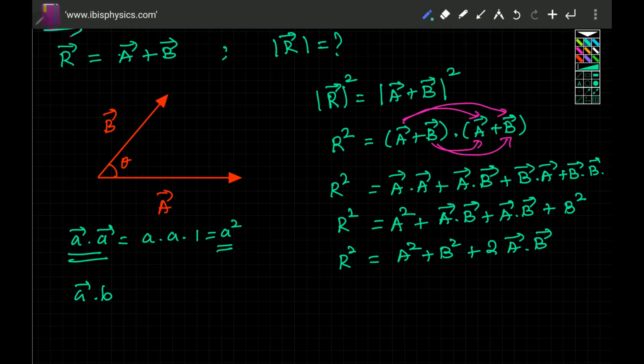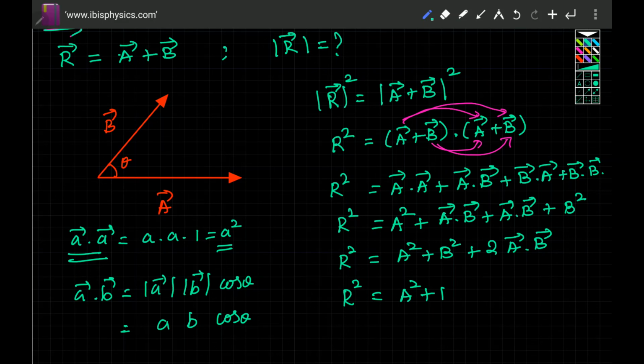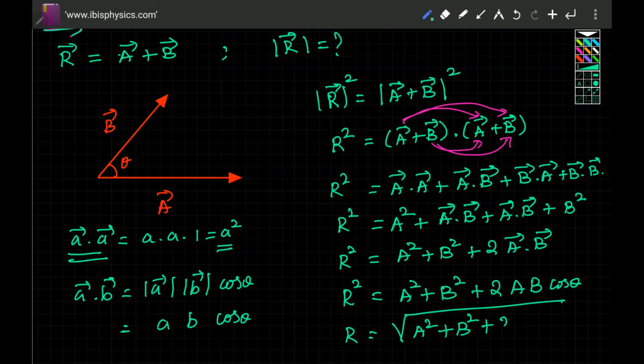A dot b is modulus a modulus b cos theta, so that is ab cos theta. So r square is equal to a square plus b square plus 2 times modulus a, which is a, times modulus b, which is b, into cos theta. So r is equal to root over a square plus b square plus 2ab cos theta.